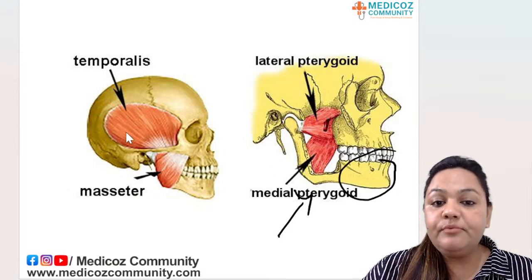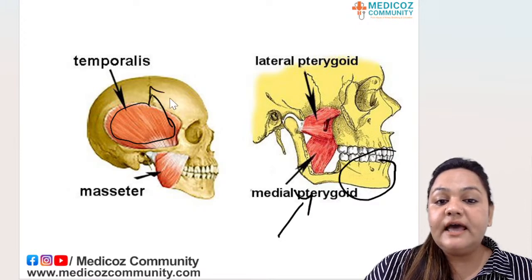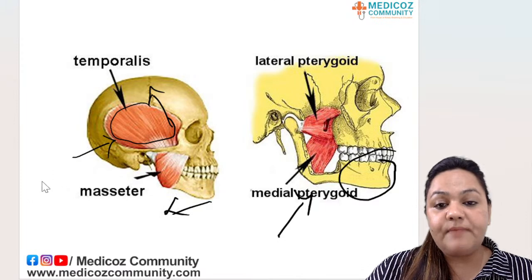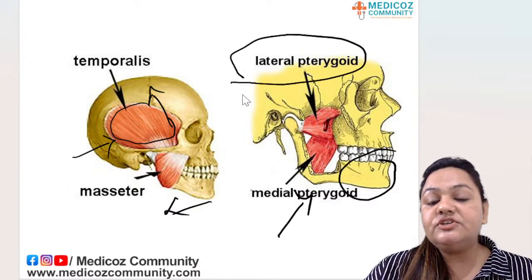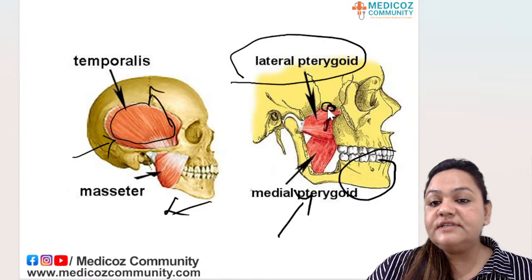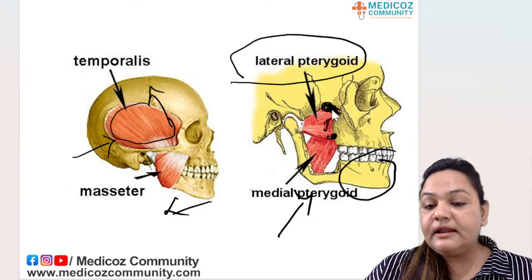Okay, the temporalis muscle has different fibers. The anterior fibers elevate the jaw, and the posterior fibers retract the jaw, that is the backward movement. Now we are left with the lateral pterygoid, which takes origin from the infratemporal crest of the infratemporal fossa.